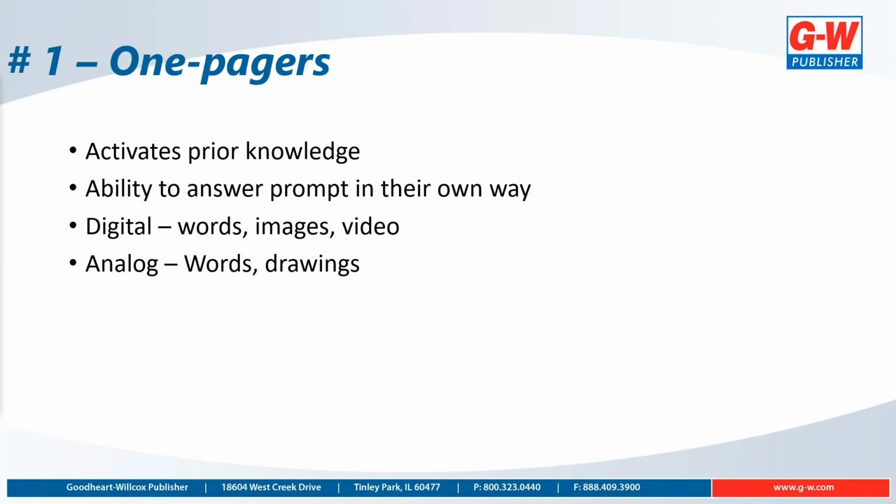Now, while these one-pagers really don't have any type of criteria, I mean, they do have criteria, but not really rules. The point of the criteria that you would give is to give students that freedom to really just lay out their thoughts about what's stuck. So ideally, you would have your nice lesson, and then as your formative assessment towards the end, you would say, let's complete a one-pager.